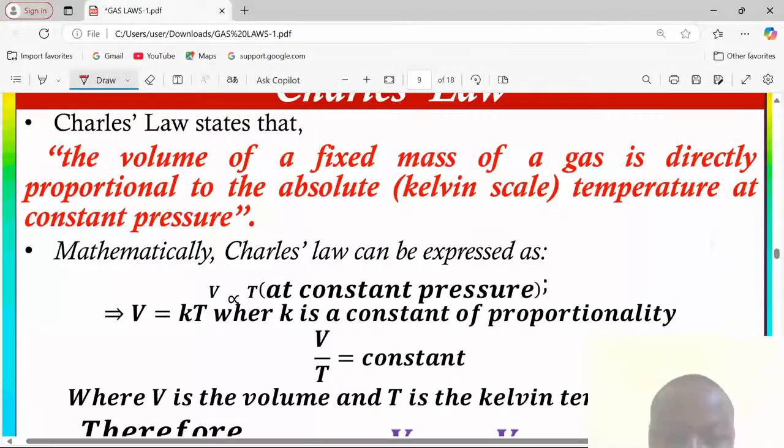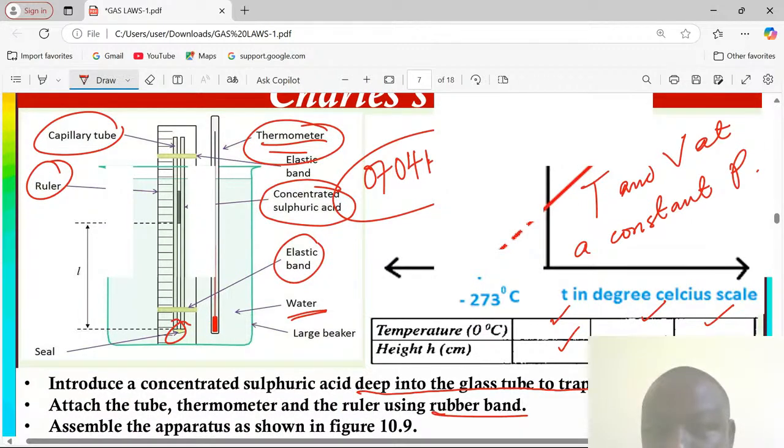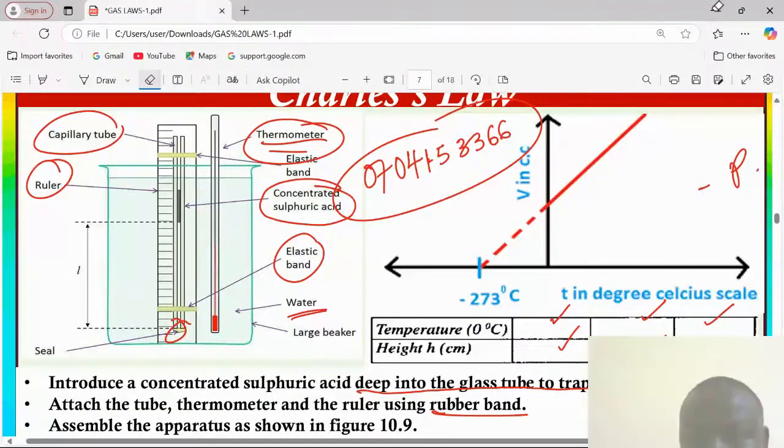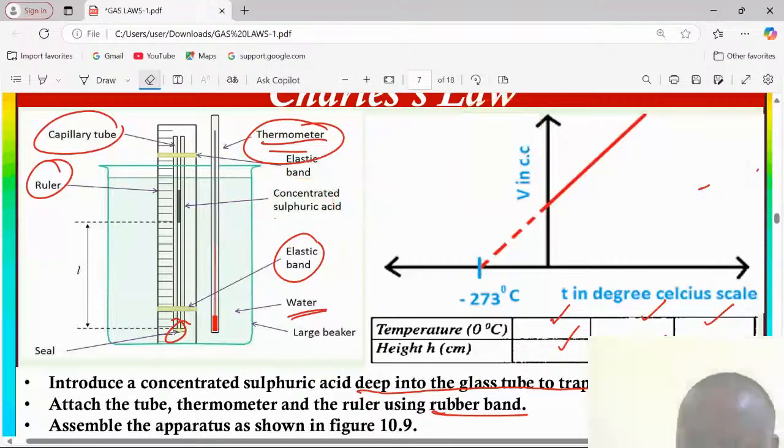But in case you use the Celsius scale, look at it this way. This is volume in cubic centimeters, and the graph is here, temperature in degrees Celsius.